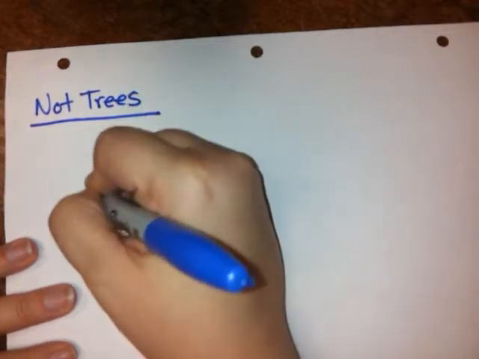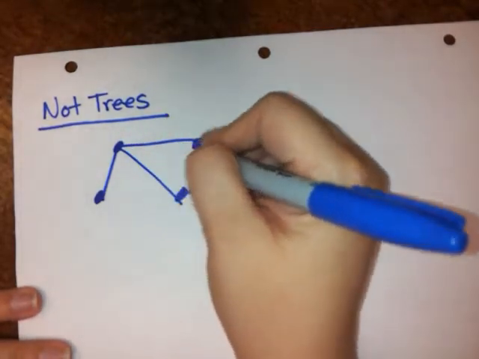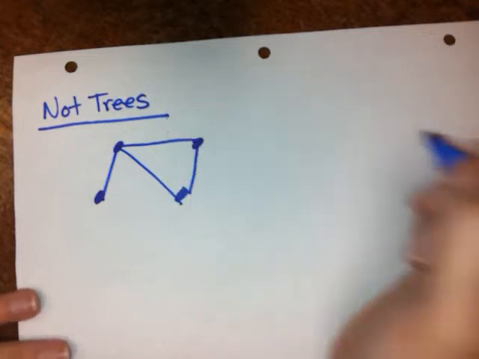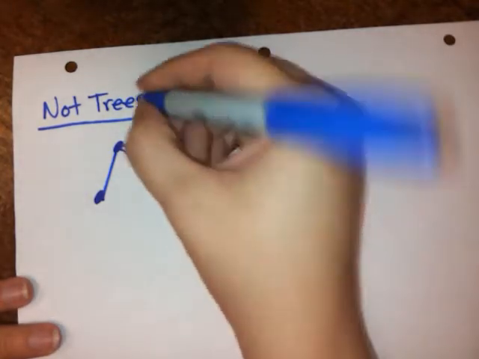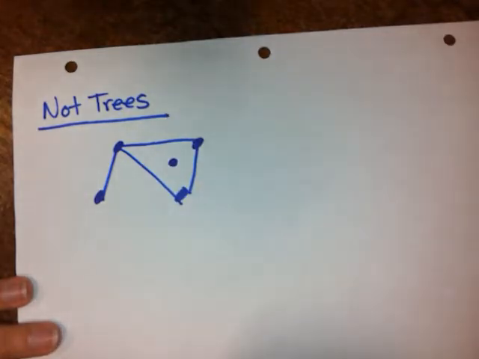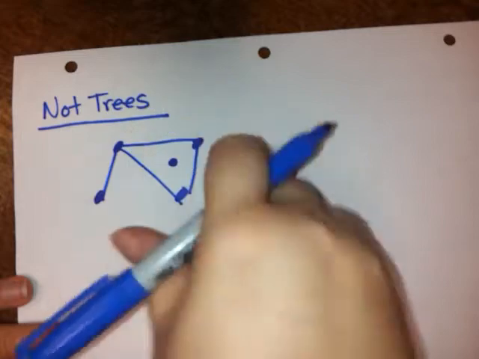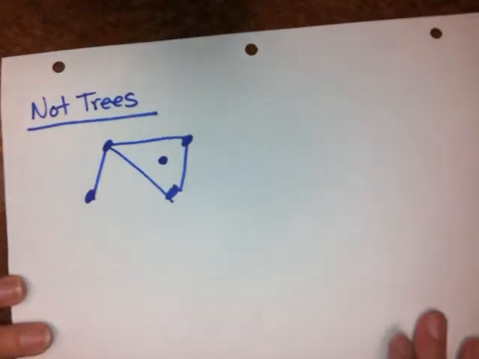This is not a tree because it's got a circuit. That's our first rule to check for. Does it have circuits? This one has a circuit, it's not a tree. If I dropped a marble inside of here, that marble would be stuck. No matter how I twisted and turned, the marble would never fall out.